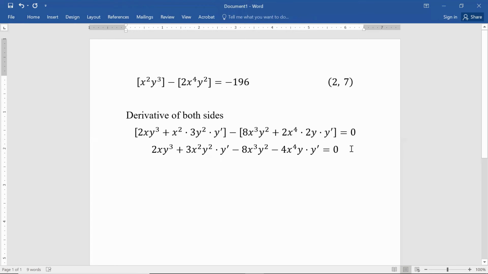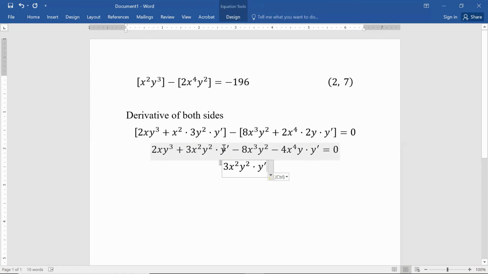Solving for y prime means that I need to get all the y prime terms on one side and all of the non-y prime terms on the other. That would mean we're going to keep the y prime terms on the left-hand side.